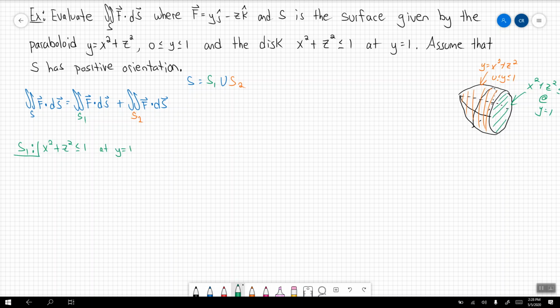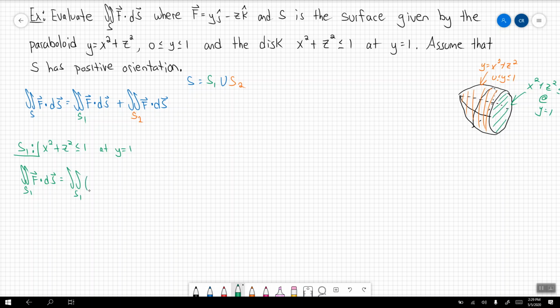Now, this is going to be a really nice surface to work with, because the normal vector that we can extract is going to be a really, really nice normal vector.